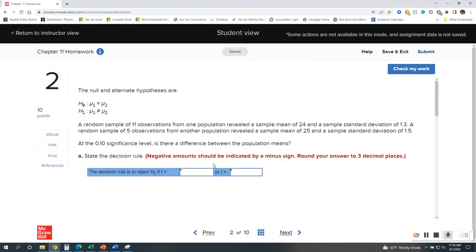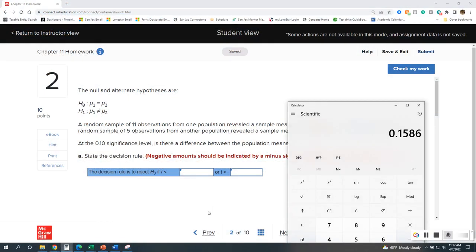Now, first thing that we have to do is figure out our decision rule. Where do we end up rejecting our null? So remember when we calculate degrees of freedom, when it's two samples and they're assumed equal, we're pooling them.